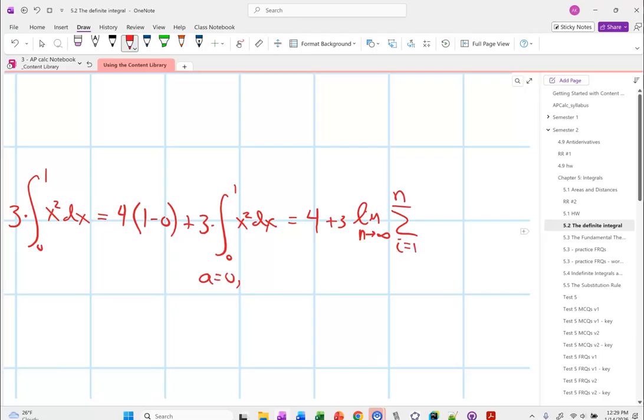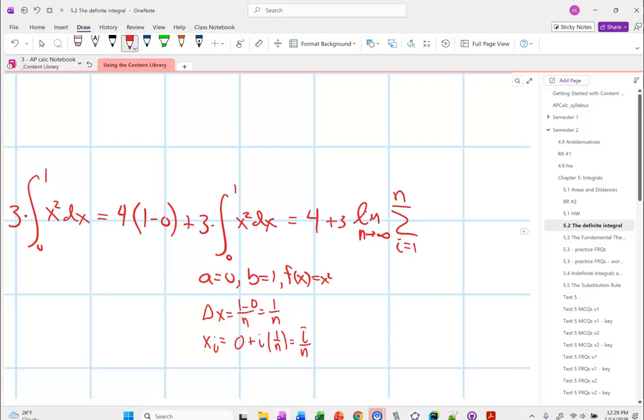So I have a is 0, b is 1, and f of x is equal to x squared, right? So my delta x is 1 minus 0 over n, or 1 over n. And my x i is a plus i delta x, or just i over n. So far, so good.